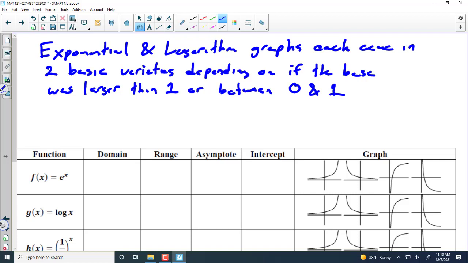So exponential and logarithm graphs basically came in 4 different varieties.